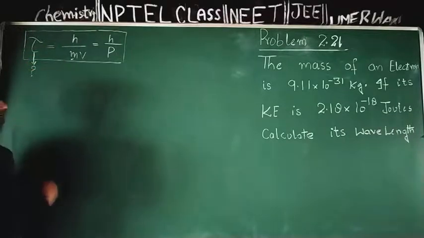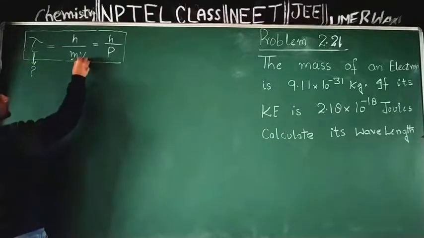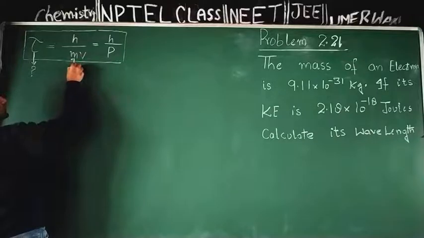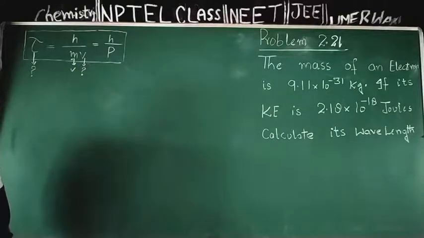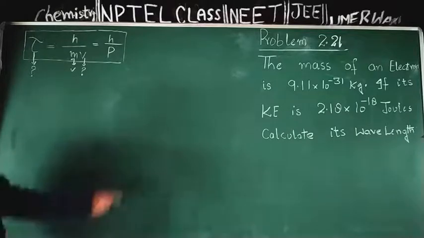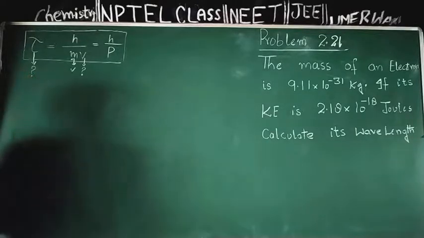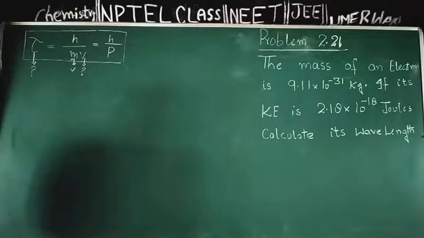And in order to determine wavelength, we need to have mass, which is given, and we need to have velocity, which is not given. First we need to calculate velocity, then only we can find the wavelength of wave associated with the moving electron.